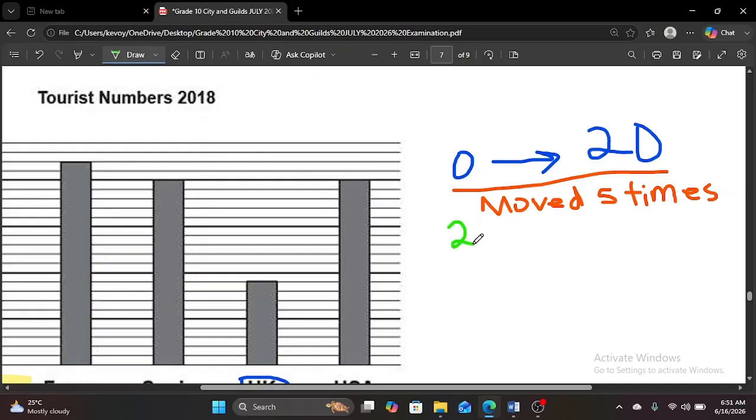So 20 divided by 5 is equal to 4. That means 4 represents each line.